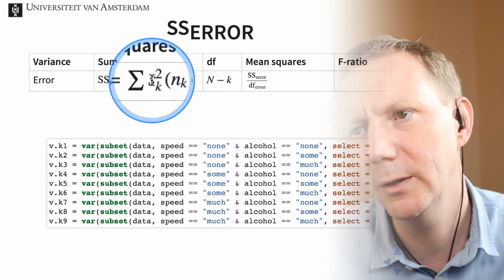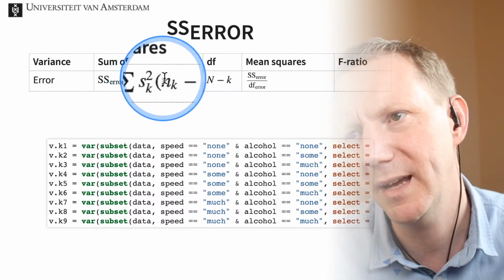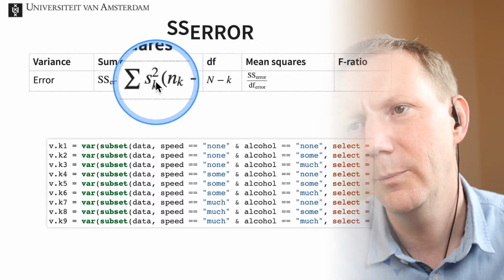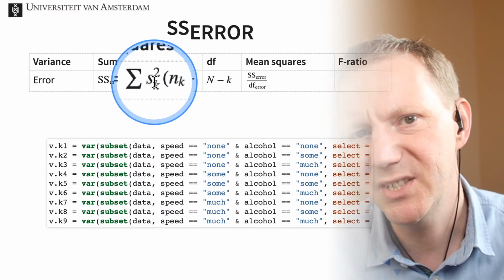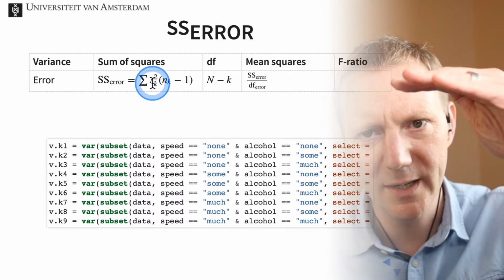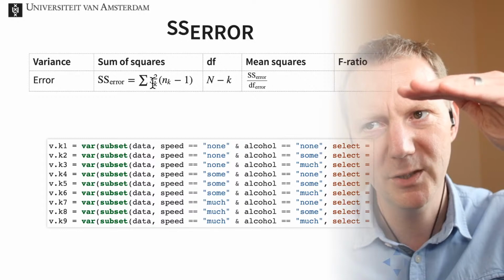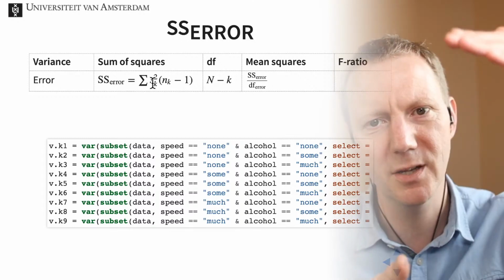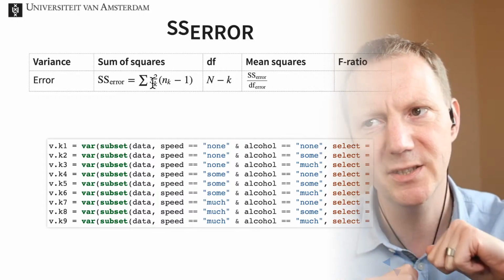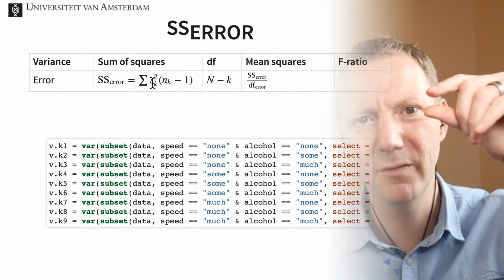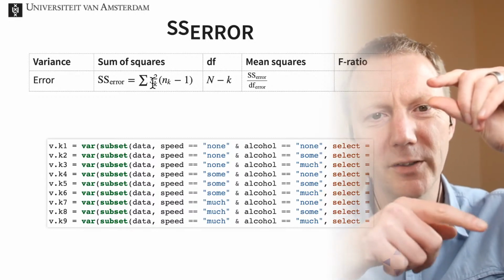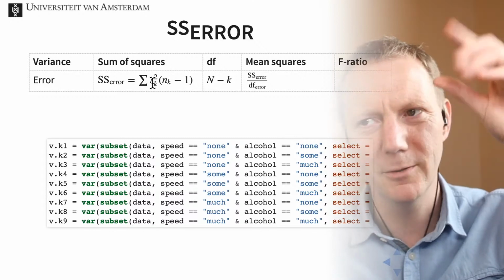You say, well, we're multiplying the variance with n-1, but the variance in itself is the sums of squares divided by n-1. So if we multiply it again with n-1, we get back at the sums of squares. It's the same as saying 6 divided by 3 multiplied by 3. So it's still 6.